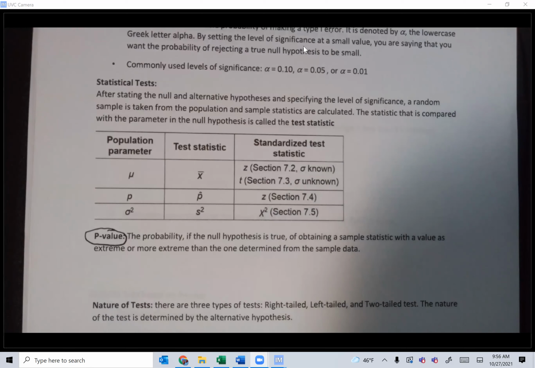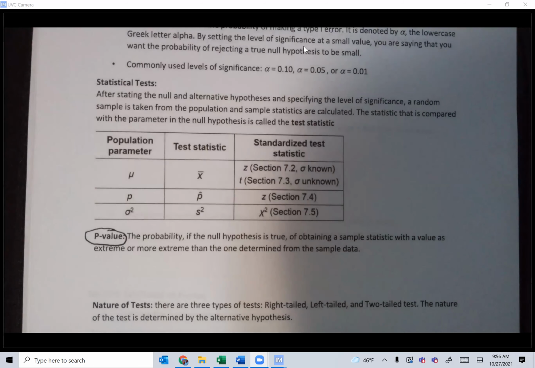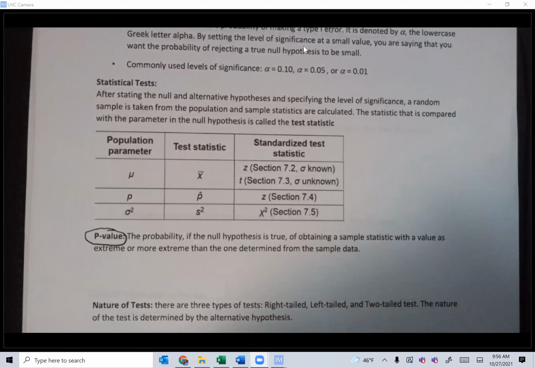There are 5 steps. One step, which is called step 4, which is the most important step in the hypothesis test, is to make a decision whether you reject H0 or fail to reject the null hypothesis. So reject the null hypothesis or fail to reject it. You can't do both. Either I reject or I don't reject the null hypothesis.